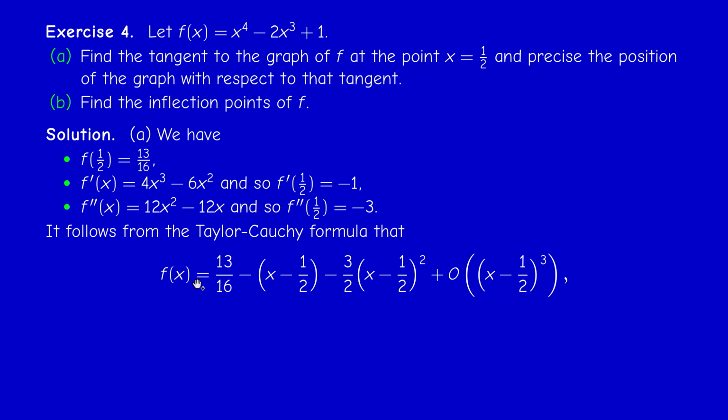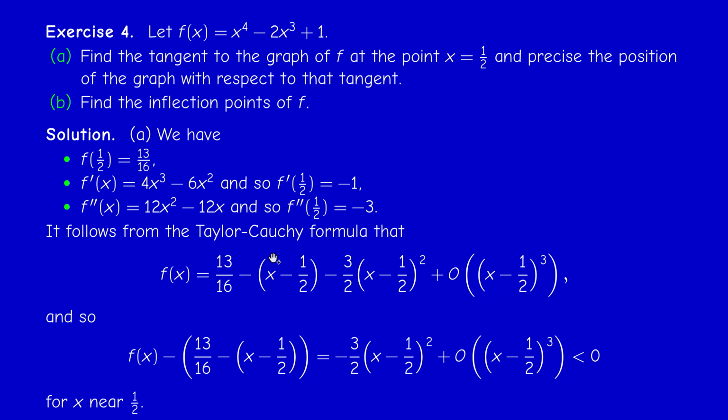Now, if I do the difference, f minus its tangent, we get this. The dominant term in the remainder is minus 3/2 times x minus 1/2 squared, and this is negative because the other term is negligible. You can write it as small o if you like. It's not really a big deal. You can use Taylor-Young, it's enough here.